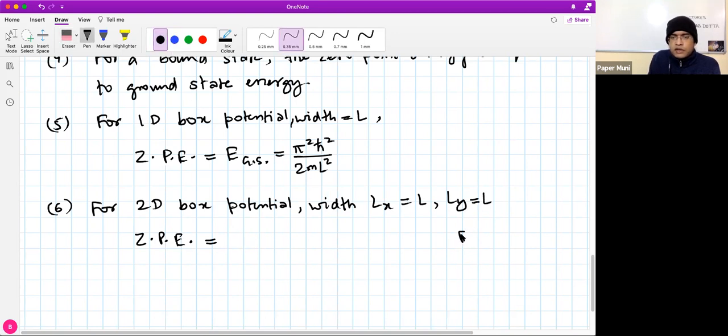If you write down the energy eigenvalue, E nx ny will be pi square h cut square by 2 m L square times nx square plus ny square.